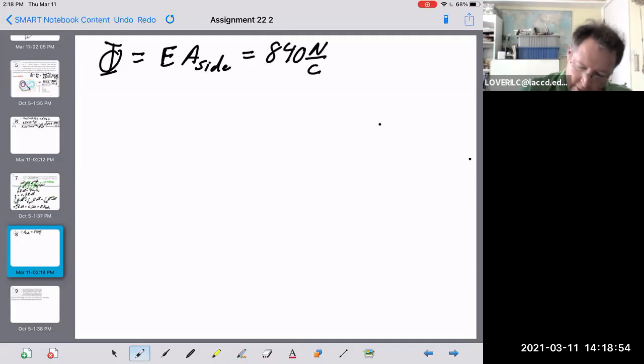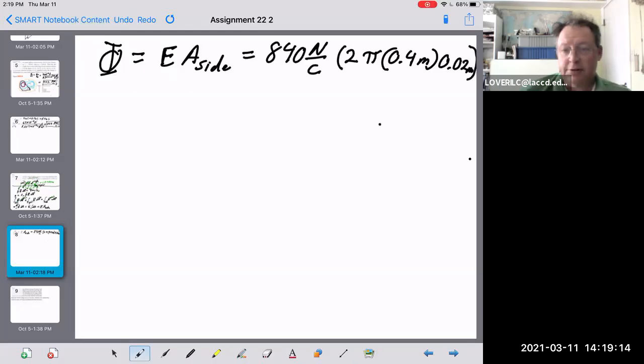Times 2 pi times the radius, 0.4 meters. That's the circumference around the cylinder, times the length, which is 0.02 meters. Remember, they said it was 2 centimeters.